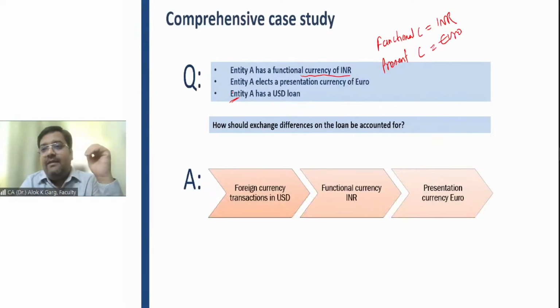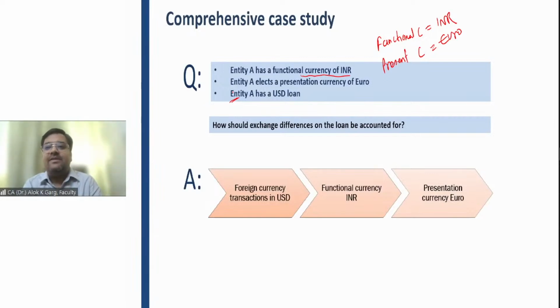On the reporting date, if it is a monetary item, it has to be retranslated at the closing rate. If non-monetary item and it is continuing at a cost model, nothing will happen. If a non-monetary item is captured at revaluation model, then it needs to be retranslated at the rate on the date of revaluation.